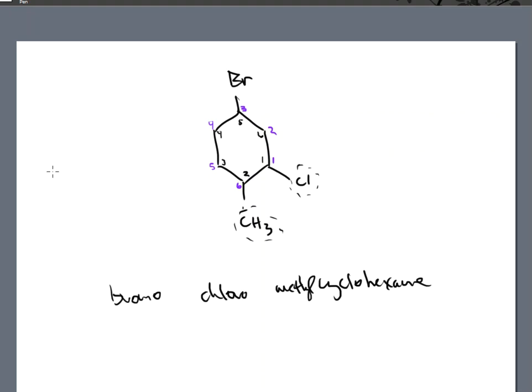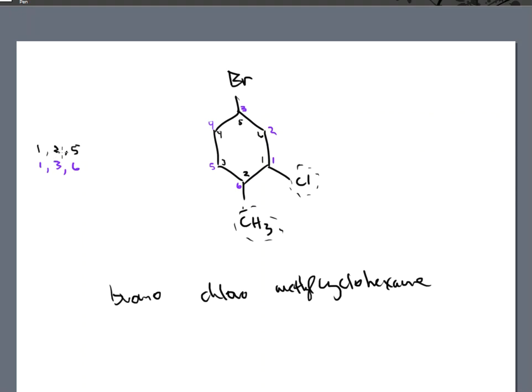So in this particular case, the second version, I have a group number of a 1, I have a group number of a 3, and I have a group number of a 6. 1 is chloro, 3 is the bromo, 6 is the methyl. In the first round that we did, chloro was at spot 1, methyl was at spot 2, and then bromo was at spot 5.